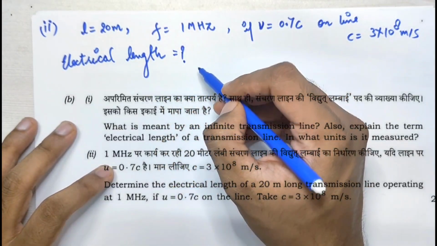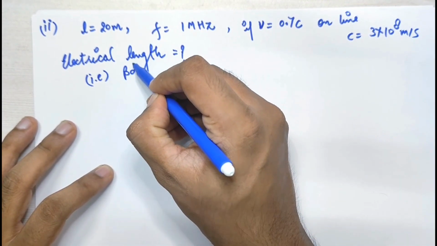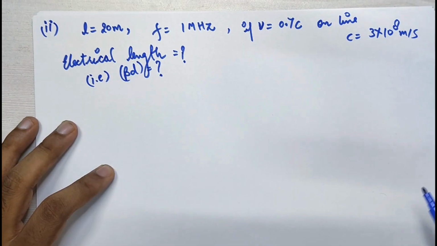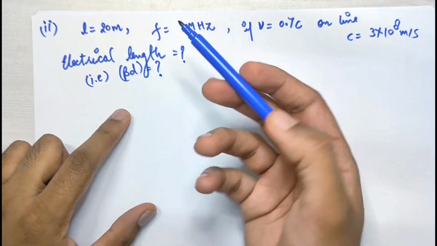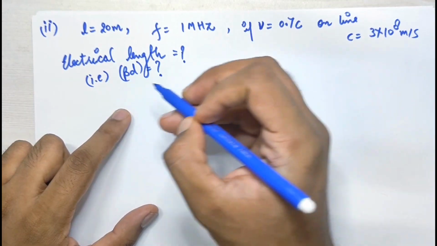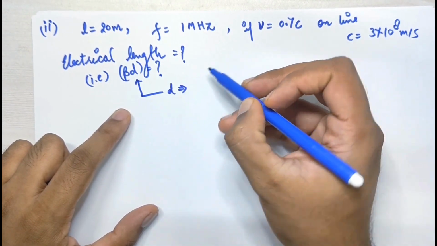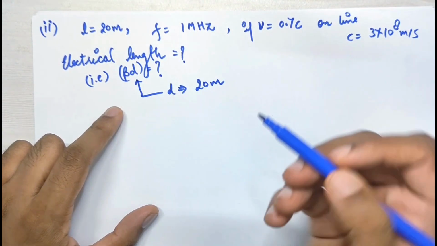What is electrical length? That is nothing but beta d. So we need to calculate beta d, right? Now see, d is given. We have information of d, which is given as 20 meter. We need to calculate beta, right?